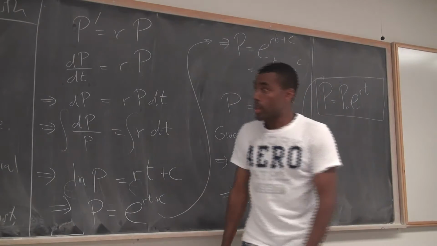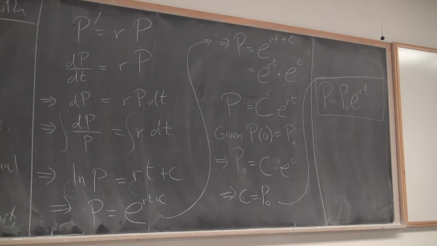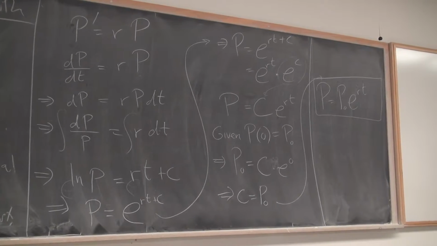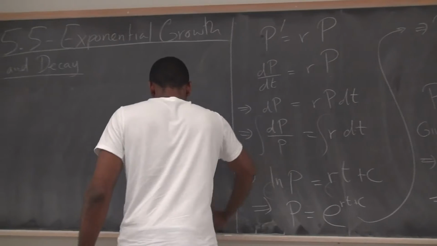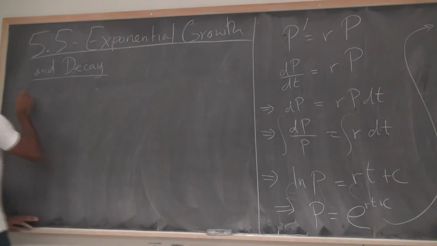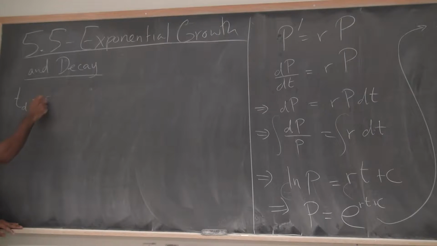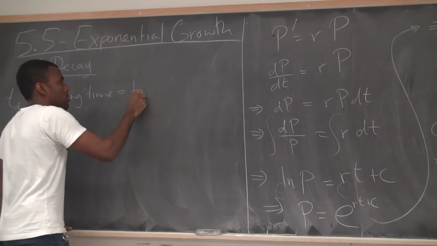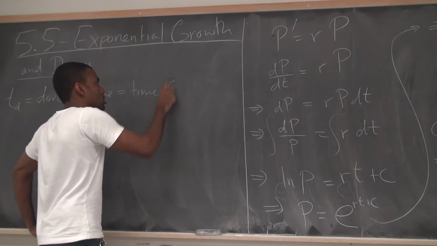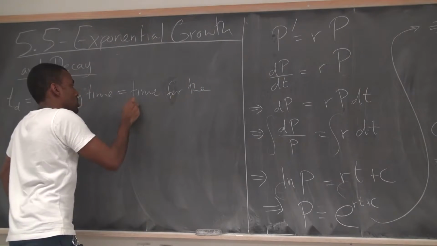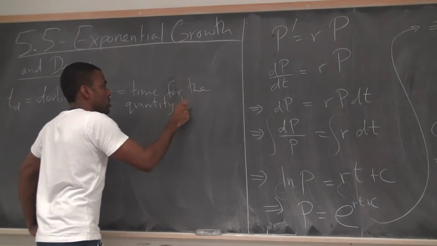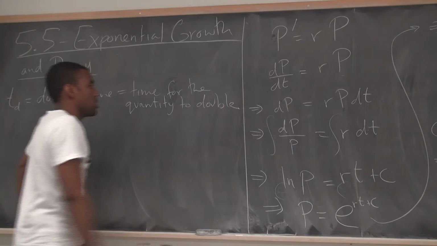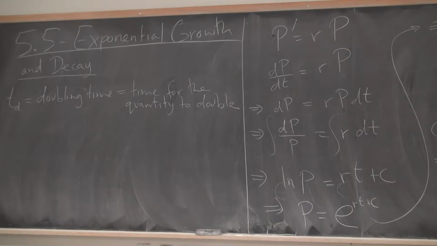Now let's say something is growing and we want to know how long it takes to double that thing. So I use the notation in the handout, TD is called the doubling time. This is the time for the quantity to double. If I were to find that time, how would I figure out what it is? So I know that P is equal to P naught e to the rt.